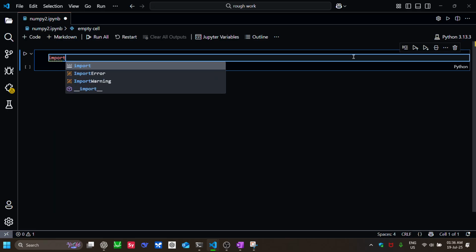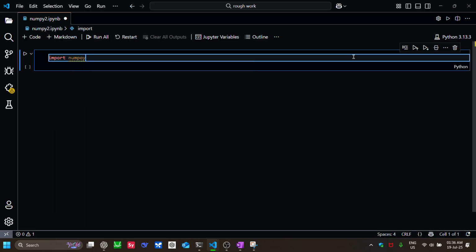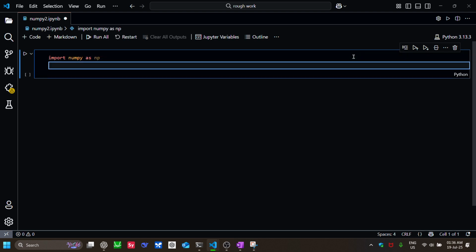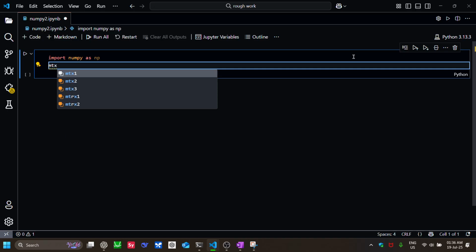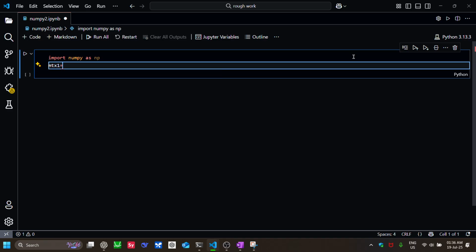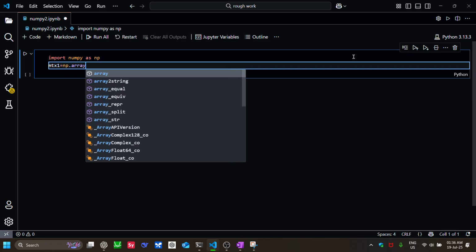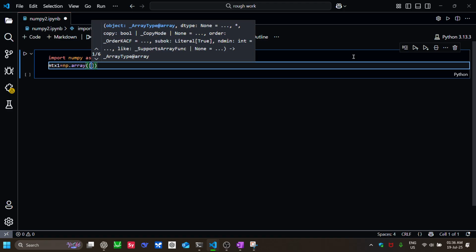For example, let's first import numpy as np. So let's define matrix 1. Matrix 1 could be written as np.array in the same form, and now I'm opening the matrix.